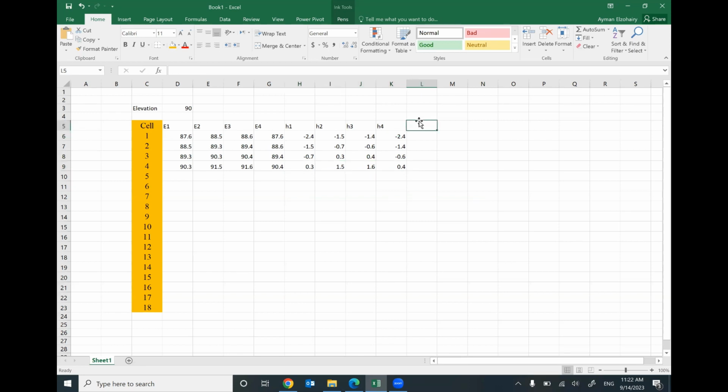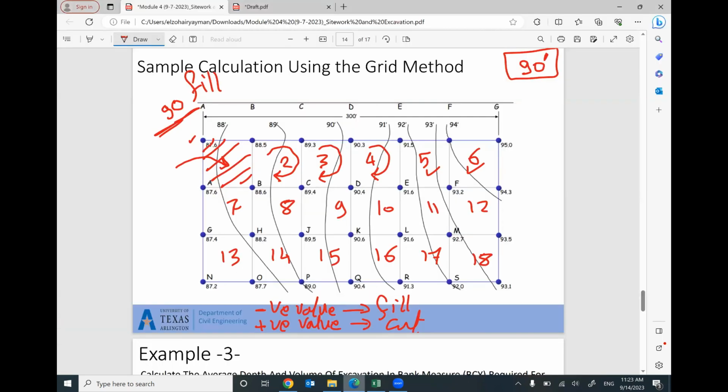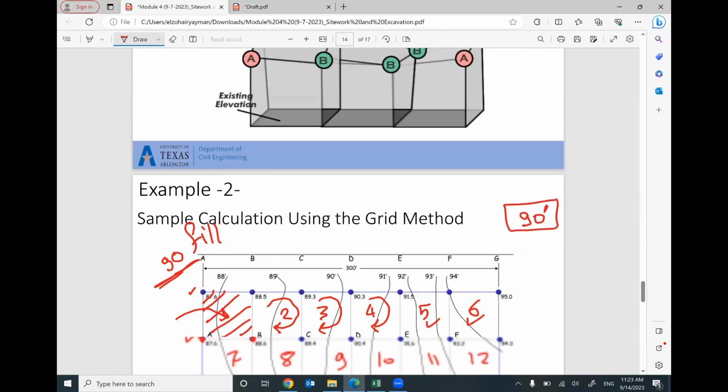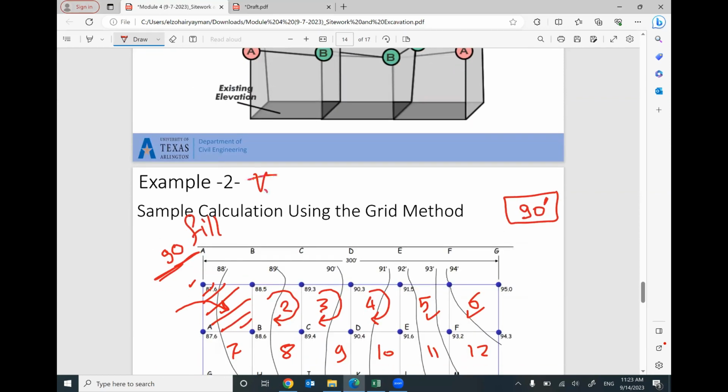Let's do what is the volume of each cell. I told you last meeting, the volume of each cell will equal H1 plus H2 plus H3 plus H4 for each cell, divided by 4.